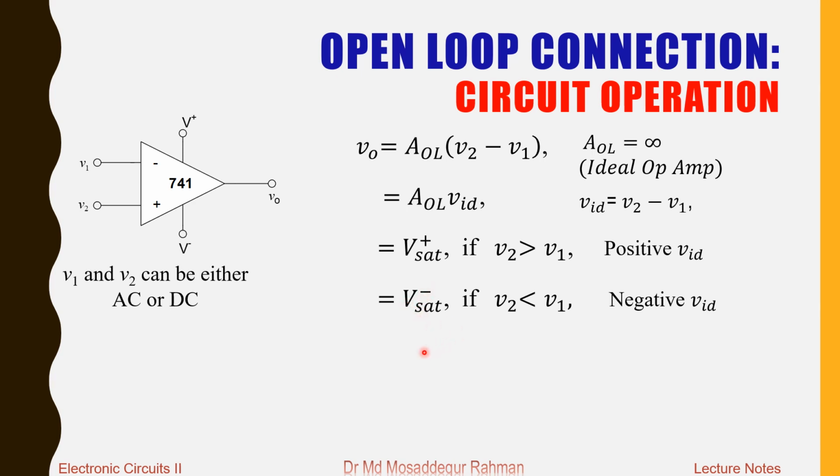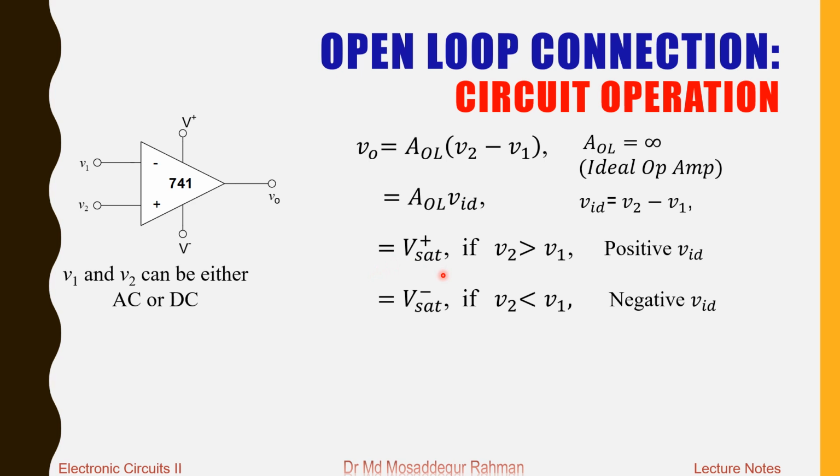So the output can be either positive maximum or negative maximum, depending on the relative magnitude of V2 and V1. If V2 is greater than V1, you get positive saturation voltage, and if V2 is less than V1, you get negative saturation voltage.